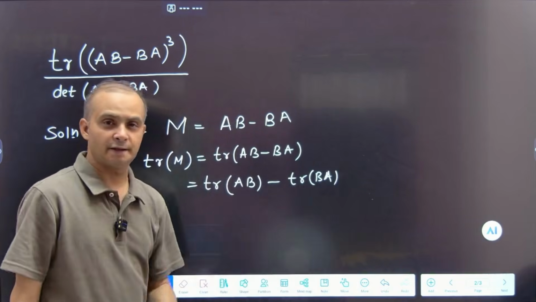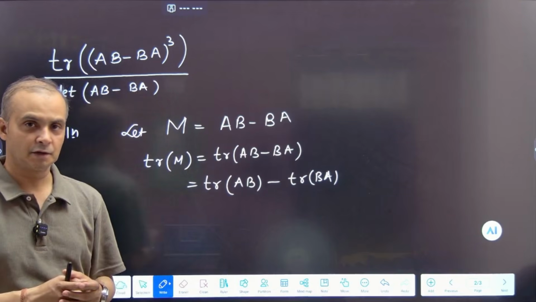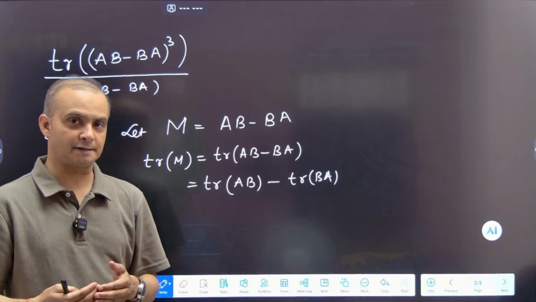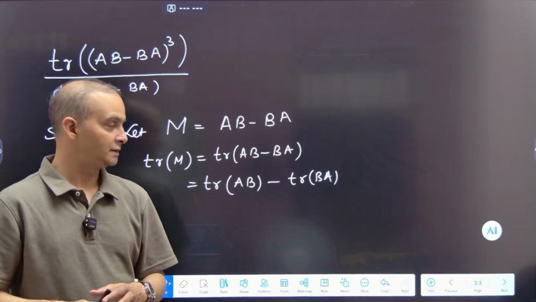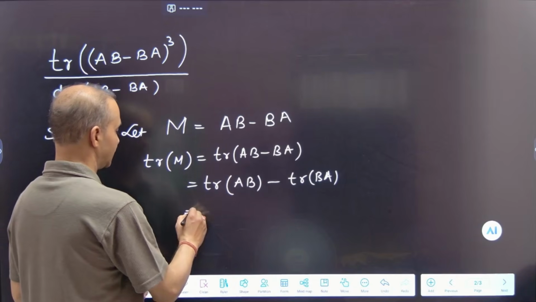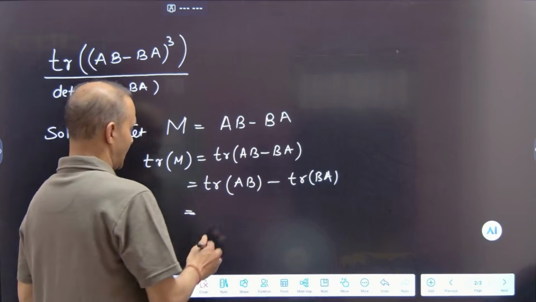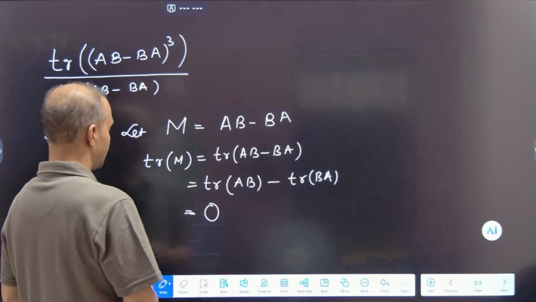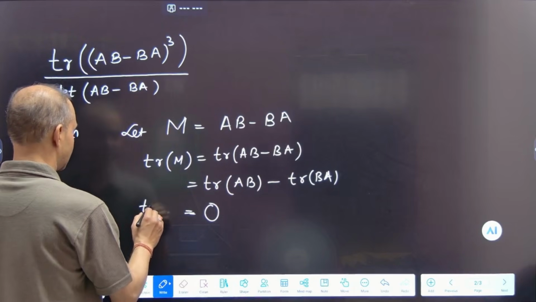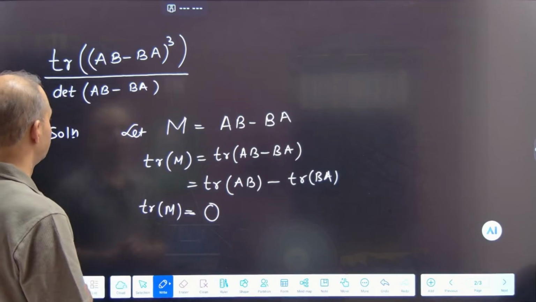But also notice one thing, if we have to find the trace of the AB matrix or the trace of the BA matrix, that will result in the same value. It means the trace of AB and the trace of BA I can assume the same, and so this is going to be 0. It means what we found as the trace of matrix M is 0.